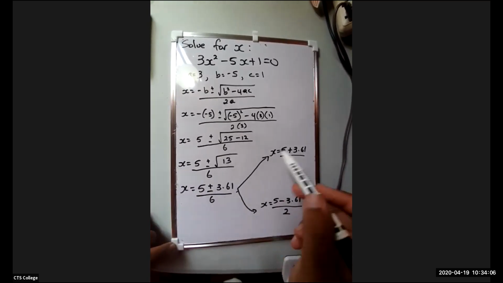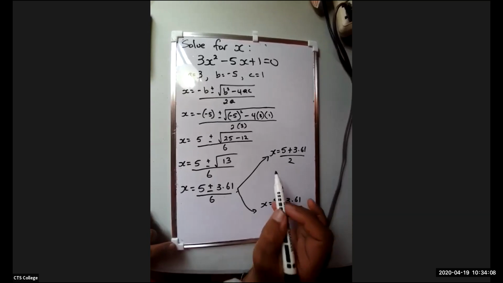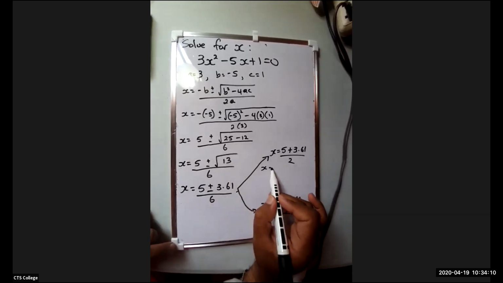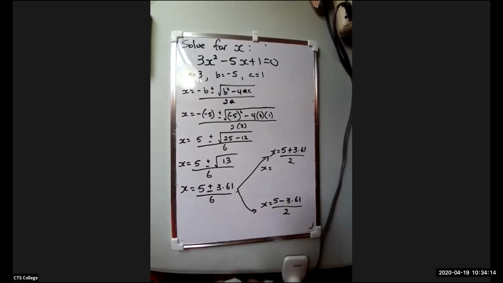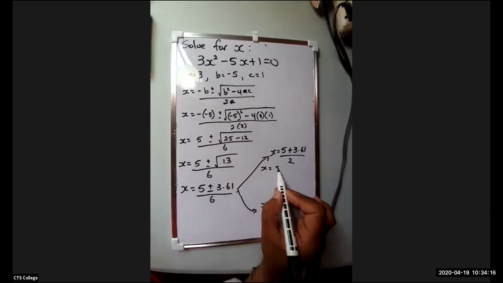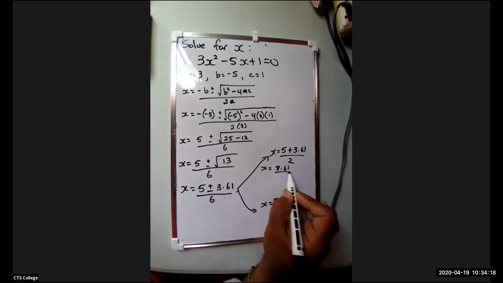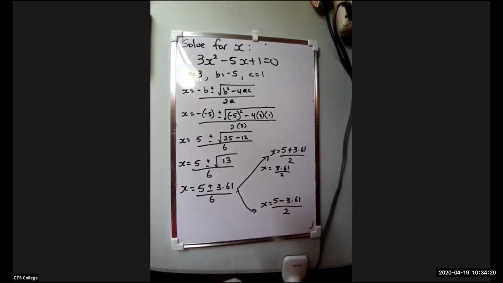Now this is the step where all of the students make errors, right? So x is equal to 5 plus 3.61, which is 8.61 all over 2. Let me just double check the answer.